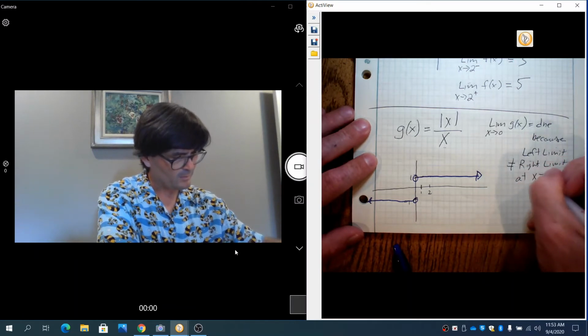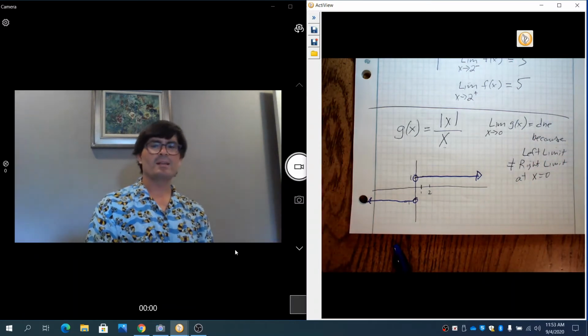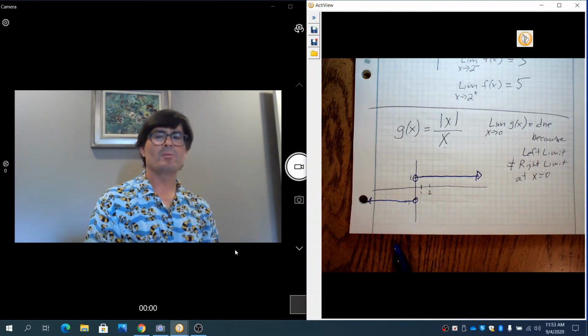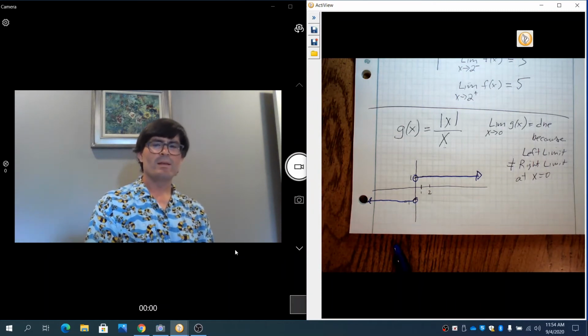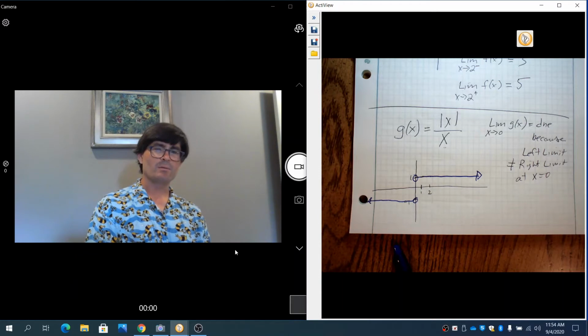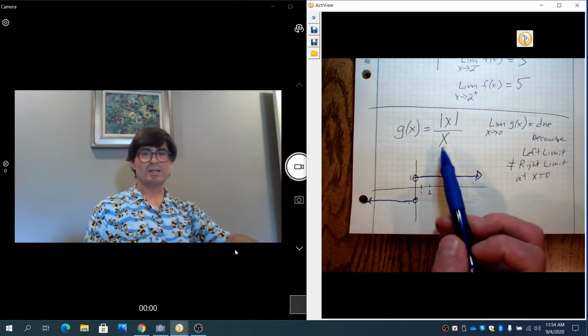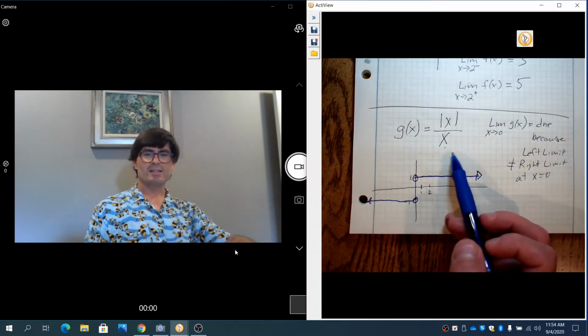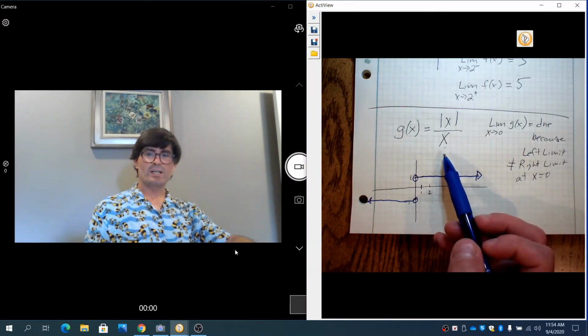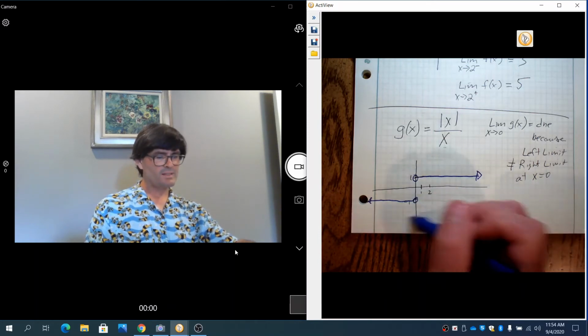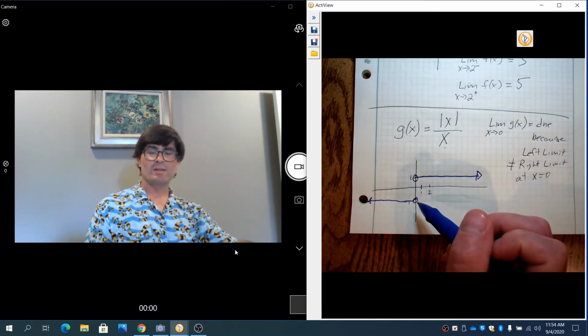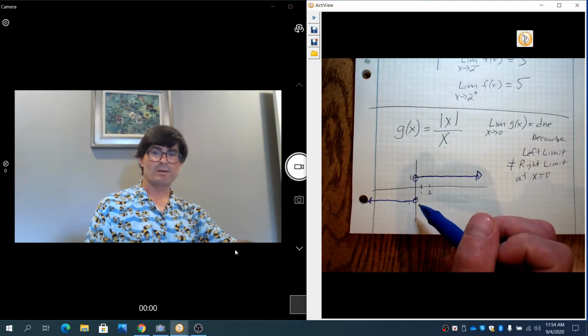at x equals 0. Now, there's something kind of perplexing about this problem. I asked you about the limit where x goes to 0, and the 0 is actually undefined. And with limits, that does not matter at all. If we're talking about the neighborhood around a point, it really is the neighborhood around that point. It's not the point itself.